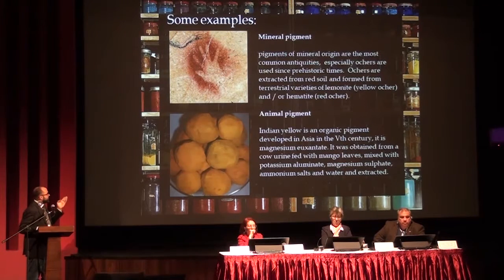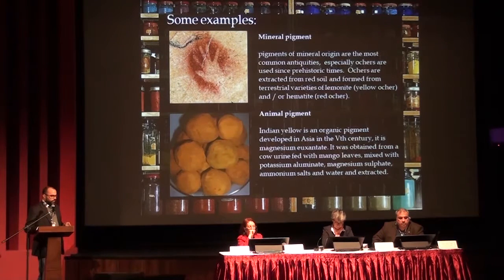So we have limonite yellow ochre or hematite red ochre. Another color we have here is an animal pigment. It's Indian yellow. Indian yellow is a filtration of cow urine, from cows that are fed mango leaves. So it's a very strange way of refining a color.